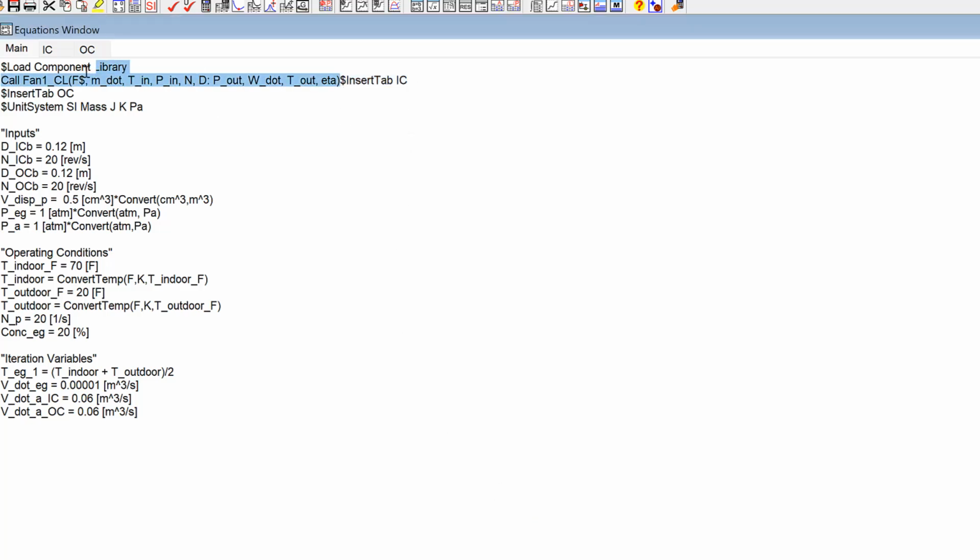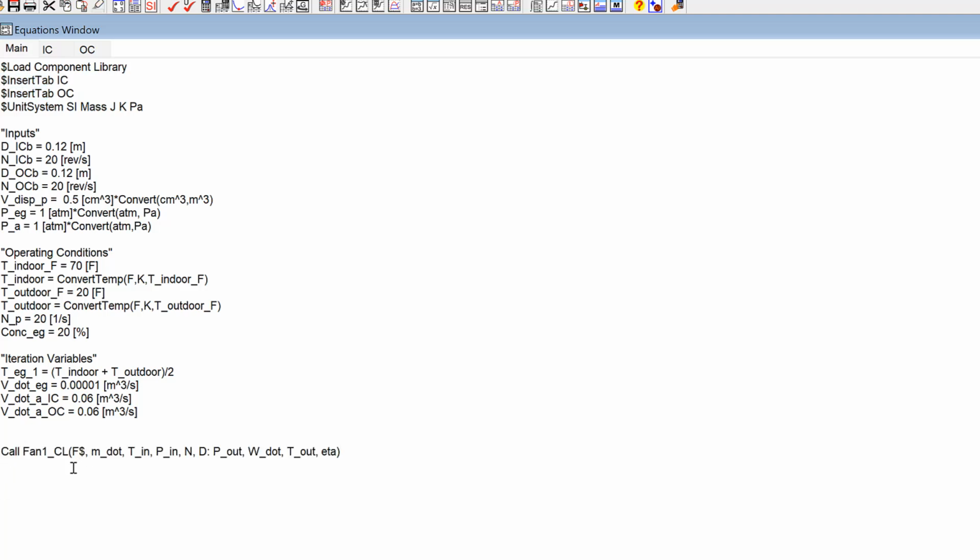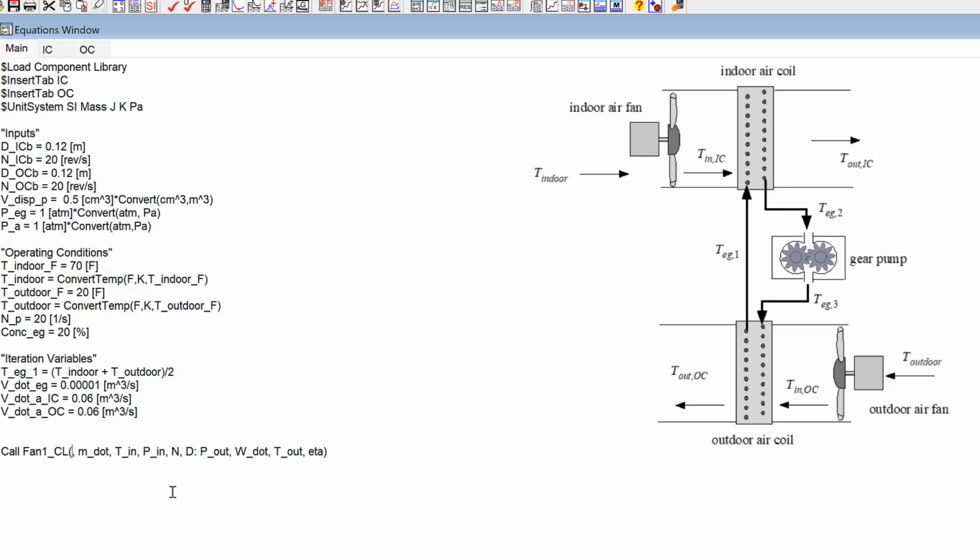Pasted it up here. I don't really want it up here. I want it down here. And you can see that the fan requires the fluid, which for us is just air. It requires the mass flow rate, which I have to calculate from the volumetric flow rate. So let's call this m dot a indoor air coil, and that's just the volumetric flow rate. I'm going to be a little careful.